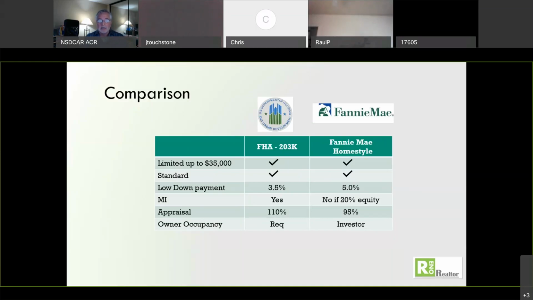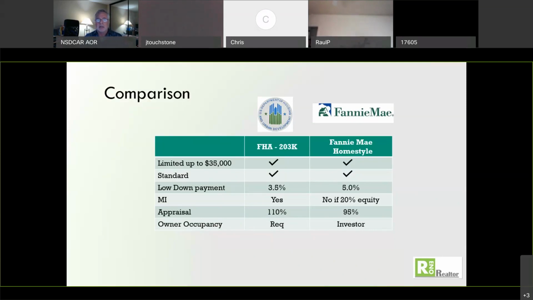So here are a couple of features of the 203K and the Fannie Mae HomeStyle. They both have the limited and the standard. You can see the FHA 203K has a lower down payment. It's important to note that mortgage insurance is required with the 203K. With the Fannie Mae product, this can go away if we can project 20% equity.